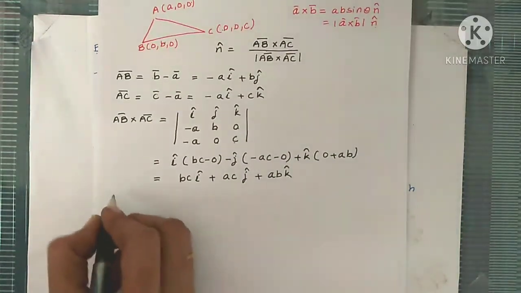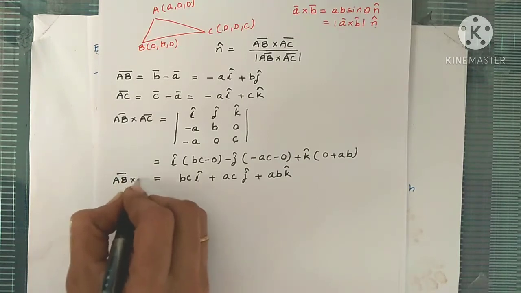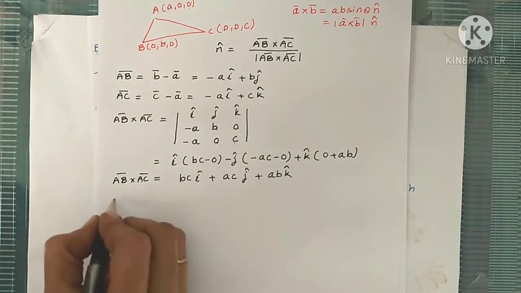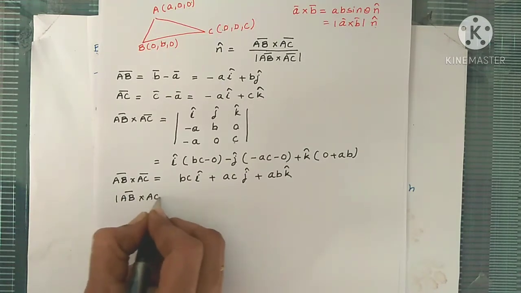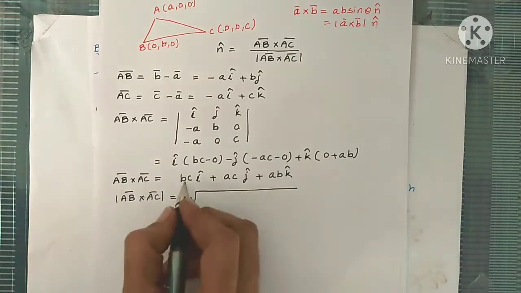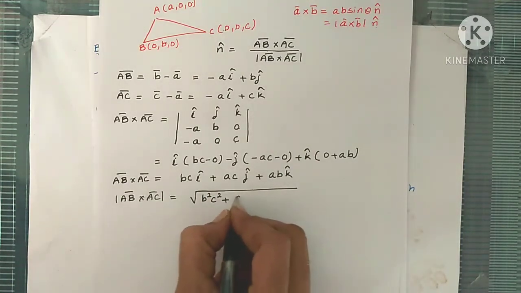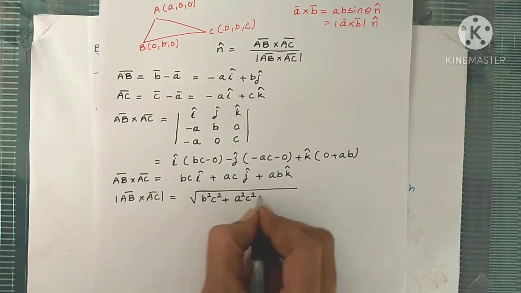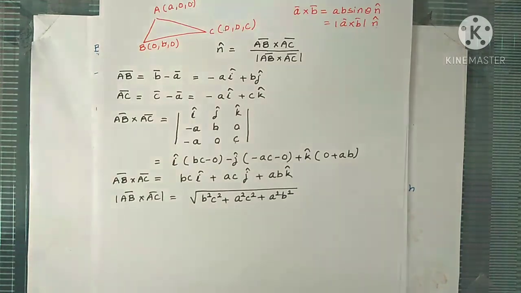So let's find out the magnitude. That means the denominator part. So modulus of AB bar cross AC bar is square root of coefficient of I square. So that is B square C square, then A square C square, and AB bracket square is A square B square. Since all are different terms, we cannot take any term common from this.